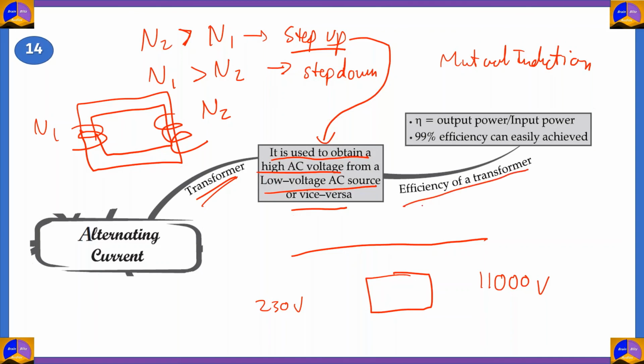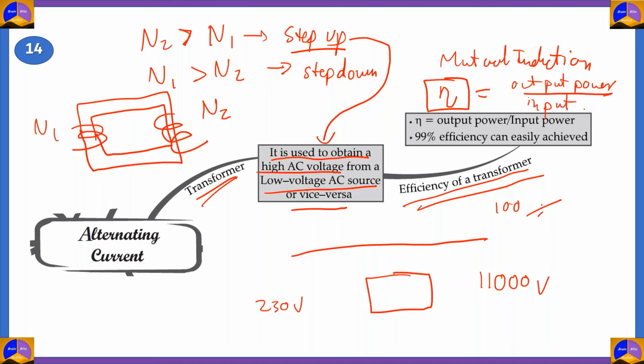Now, this setup in an ideal situation is 100% efficient. However, in real life, there is no ideal transformer, and so there is always some loss of power. That can be measured by using the efficiency. The efficiency, which is expressed in terms of eta, this symbol, is represented as output power divided by input power.